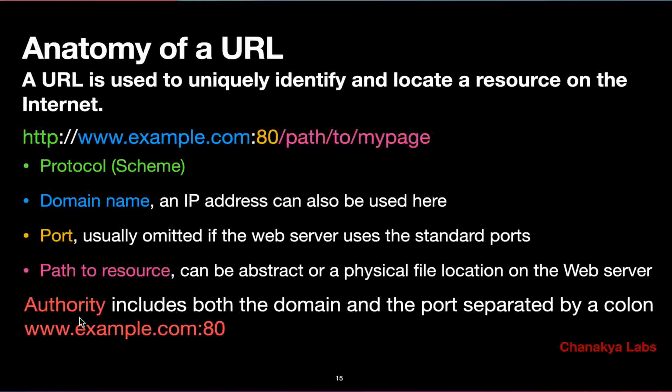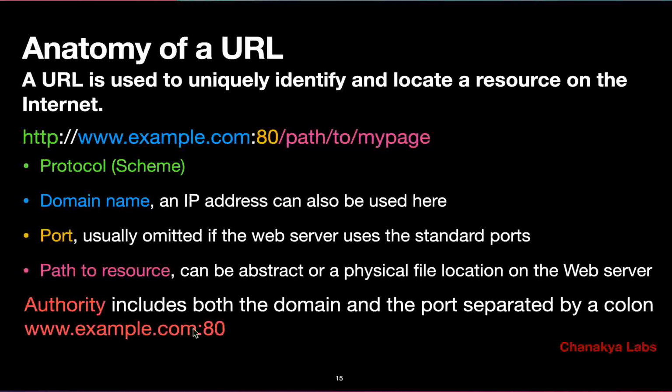A new term introduced here is authority. Authority includes both the domain name and port, separated by a colon. You can understand that it is similar to origin. In origin we had protocol, domain and port. Here we simply have domain and port.